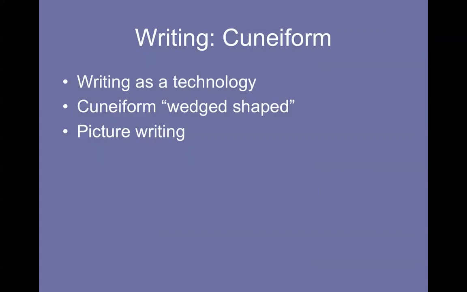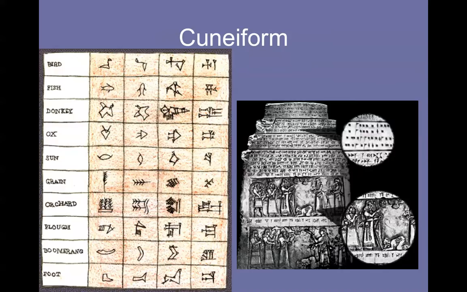So therefore, you get this sort of wedge-shaped indentation in the tablets. It is picture writing, and as your video said on the alphabet, we do think there's some development over time, and this little presentation on your left is meant to sort of show that.